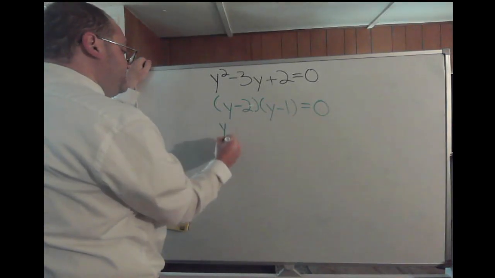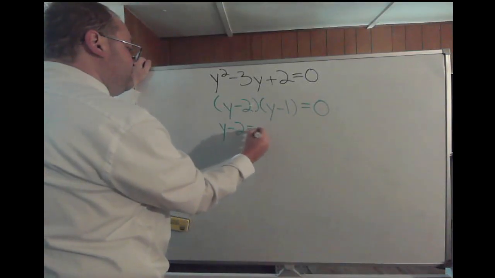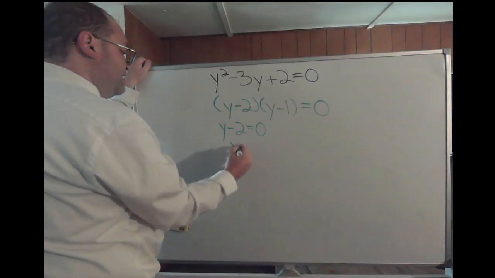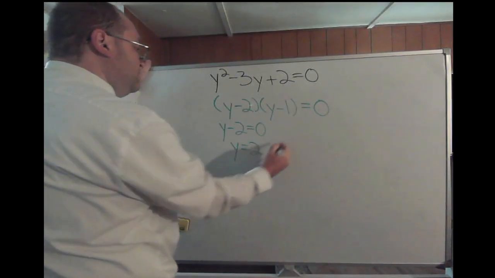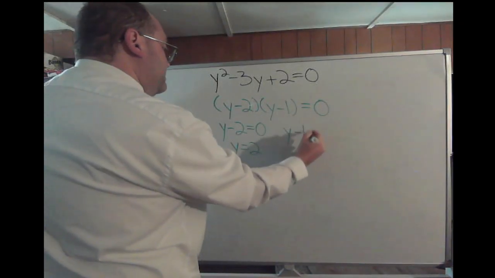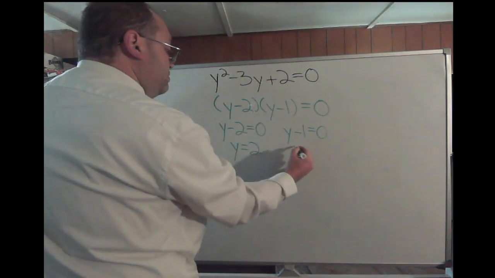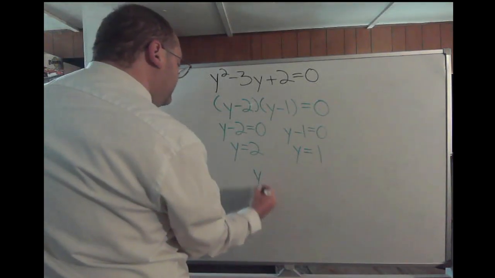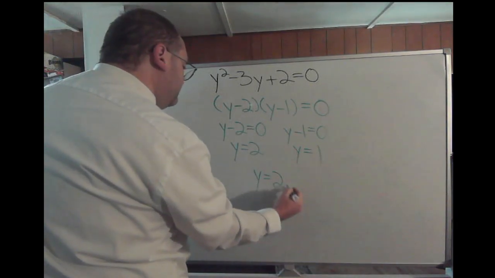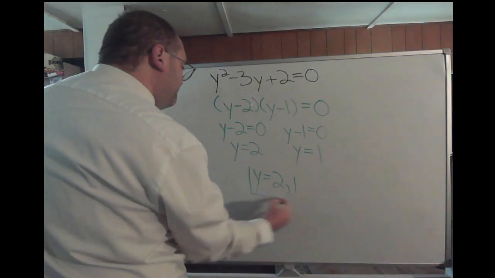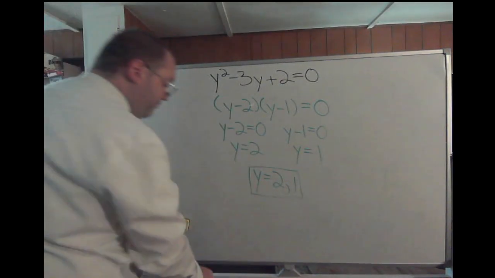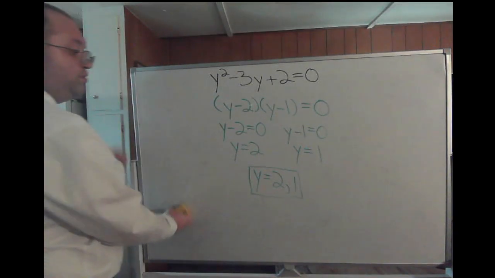Now you just take each of these factors, set them equal to 0 by themselves. y minus 2 equals 0, so that means y equals 2. Then you got y minus 1 equal to 0. Well, y equals 1. So your answers for this are y equals 2 and 1. Those would give you values of 0.